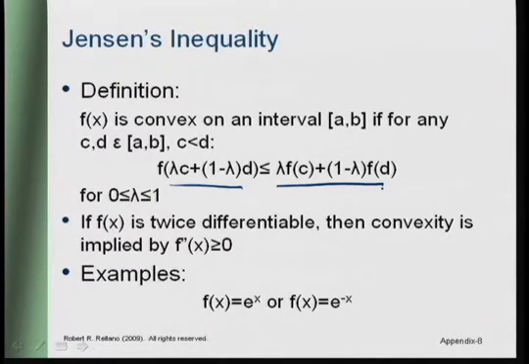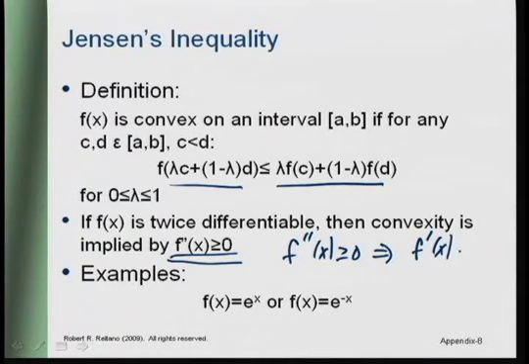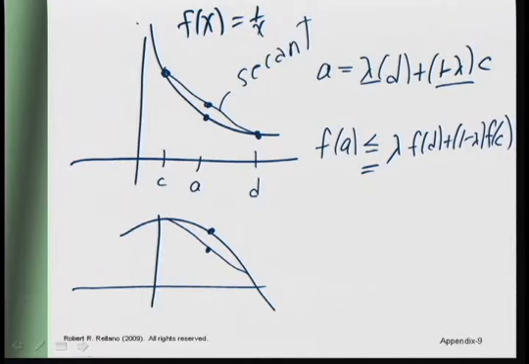But for functions that have two derivatives, knowing that the second derivative is positive is enough to know it's convex. Indeed, if the second derivative is non-negative, that implies that the first derivative is increasing, or at least non-decreasing. And if we go to the example, we can see that 1 over x is convex.